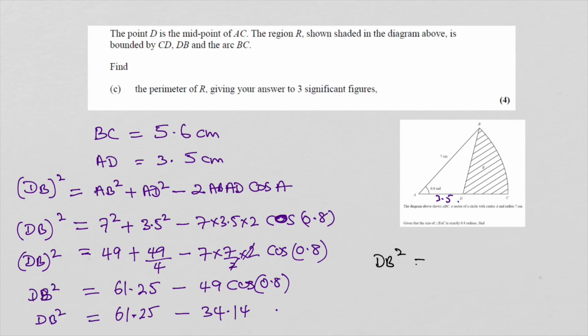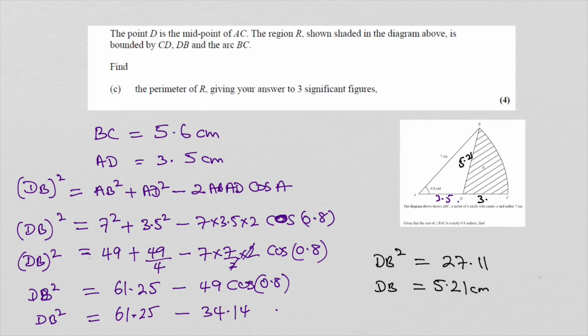DB squared equals 27.11. If you square root both sides, you get the square root of 27.11, which is 5.21 centimeters. So DB is 5.21 centimeters.